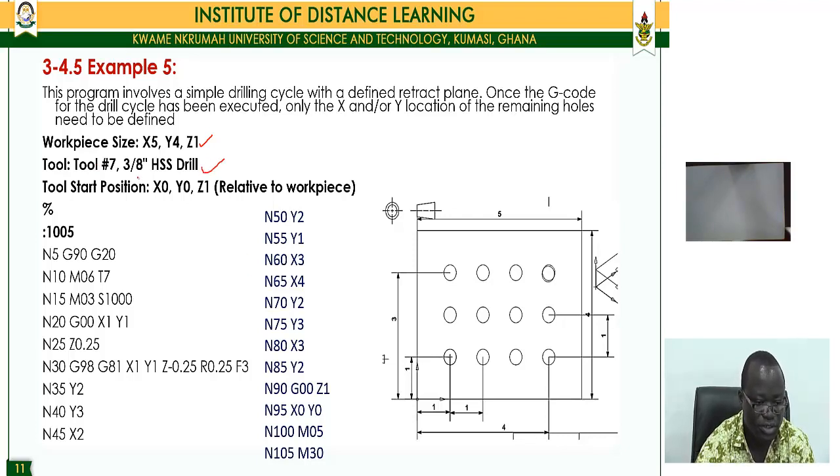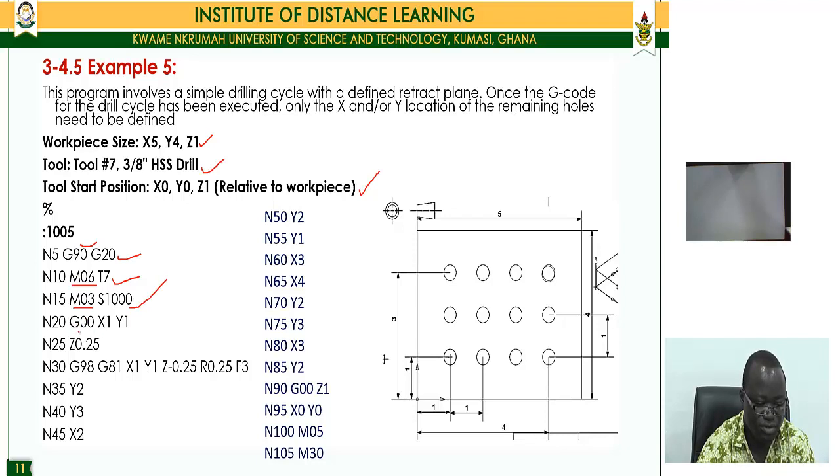This is the workpiece. Then we put our drill size in there. Then we position our tool. Then we first initialize our absolute coordinates and then inch programming. There are two tools, so we give a tool change command to tool number 7.